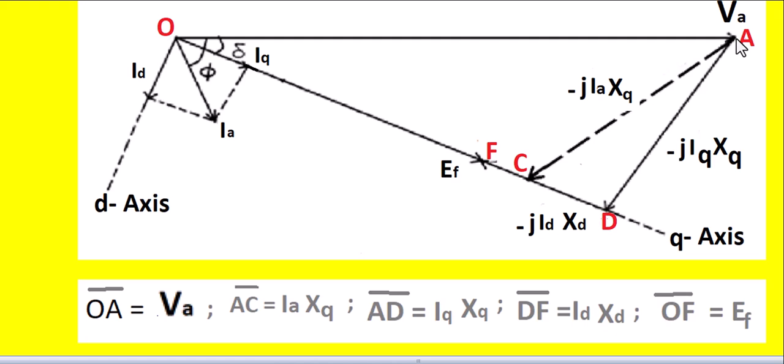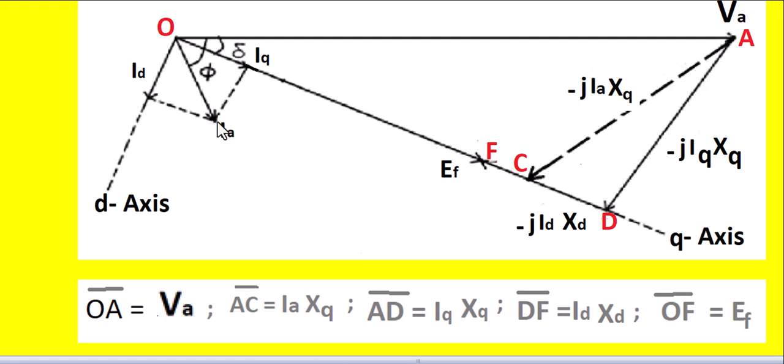From point A, draw a perpendicular line so that it will cut the Q axis at point D, and then from point O draw a perpendicular line to the Q axis to represent the D axis.